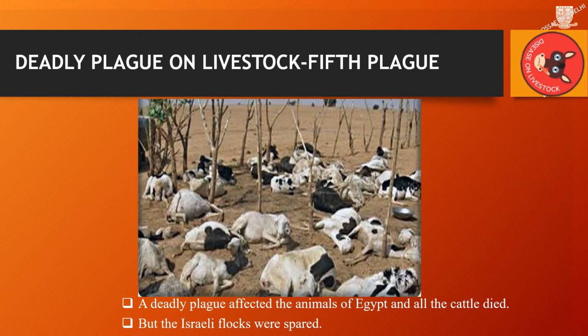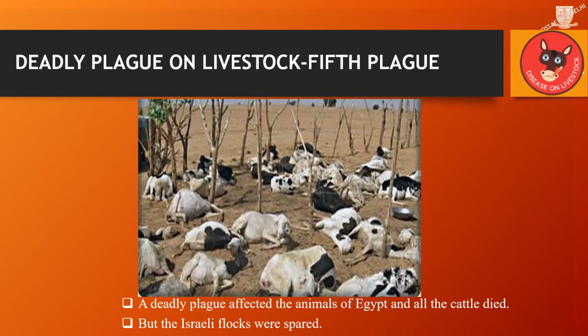A deadly plague affected the animals of Egypt, and all the cattle died. All the cattle, that is the cows, the horses, whatever they had with them as their livestock, all those died because of this deadly plague. But see how God's miracles work.